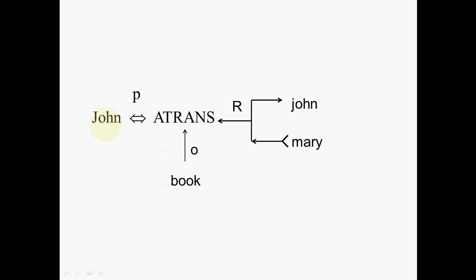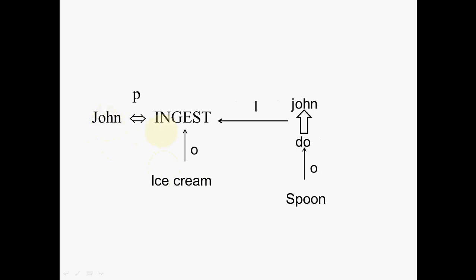So John ate. Ate means ingest, past tense. The object involved in ingestion is ice cream, and the instrument used in the action of ingesting is what? Now please see, do John.